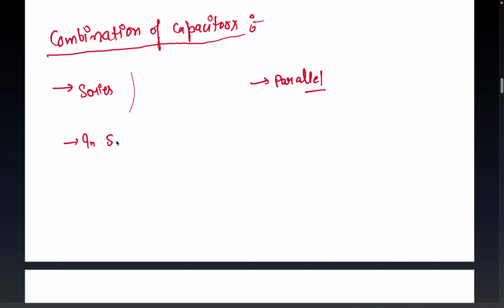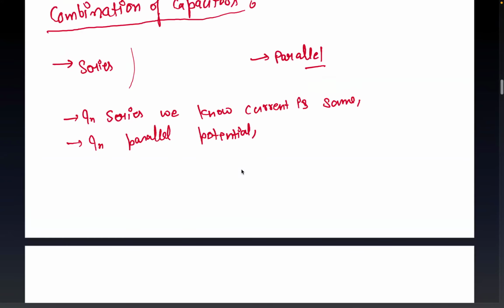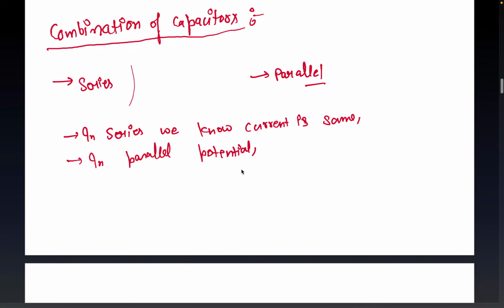In series, we know that current is the same. And in parallel, potential is the same. Is that clear? So let's figure out the equivalent capacitance in both conditions.